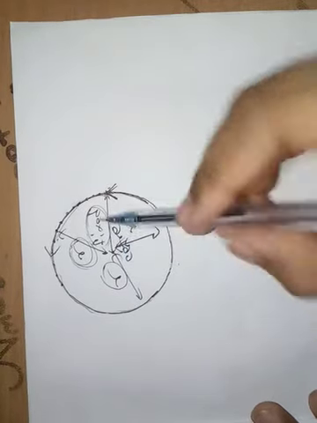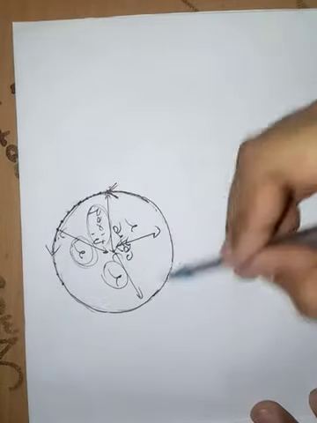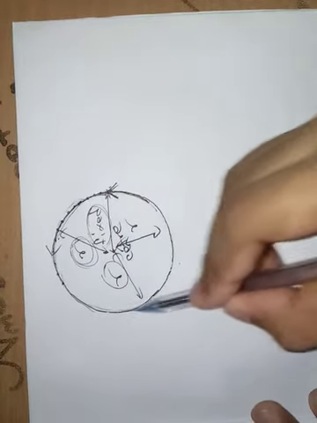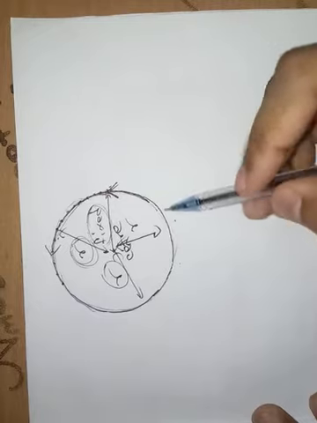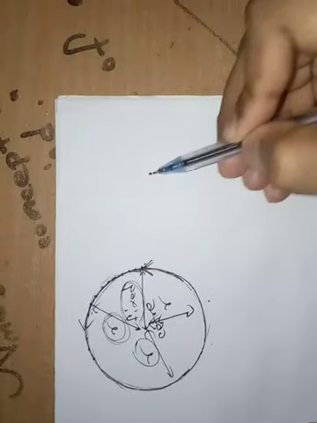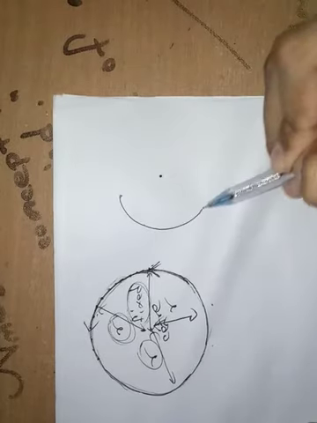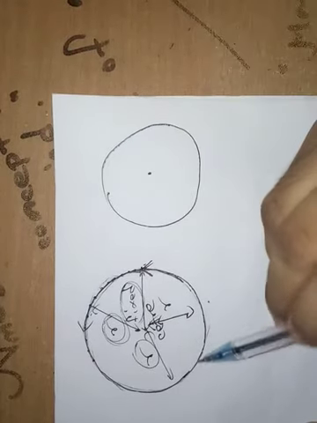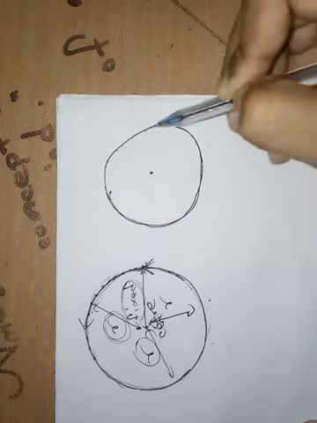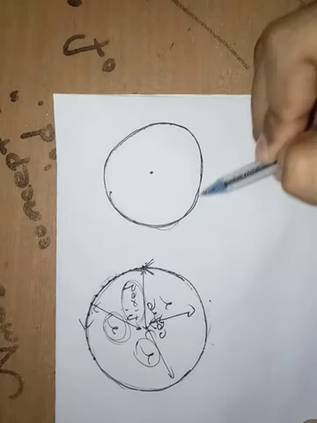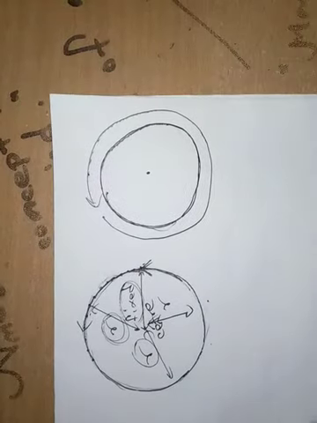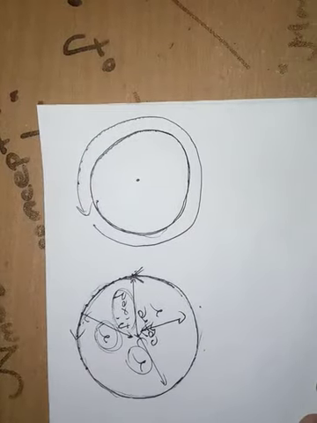You have created the path around the fixed point, and the path you have created, we call it circumference. So this is our fixed point and this is our circle, and this path we call circumference.